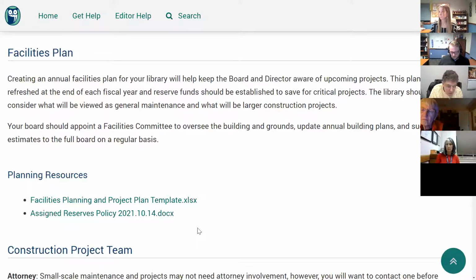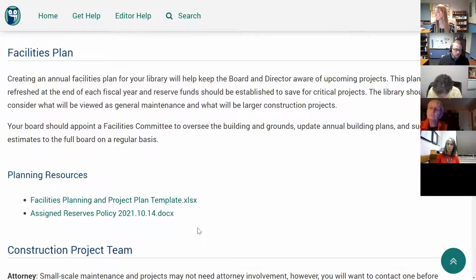So a lot of it depends. The way that your reserve funds are defined are the way that you have to use them, right? So if you have an emergency reserve fund that you are creating, I would imagine that the descriptor in your policy would be something along the lines of, if there's a catastrophic failure of an HVAC unit, or if there is flooding in the library, or if there is some other type of situation that is not foreseeable, you would be able to dip into that line and use it.